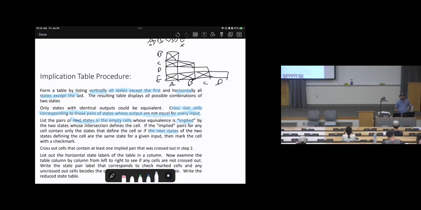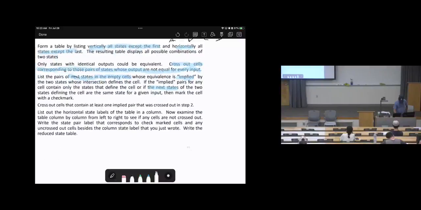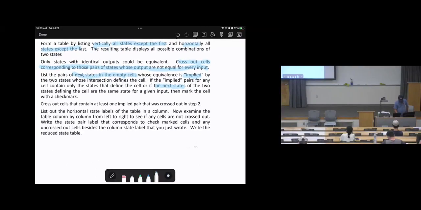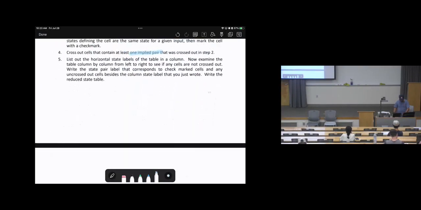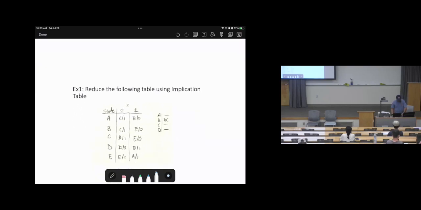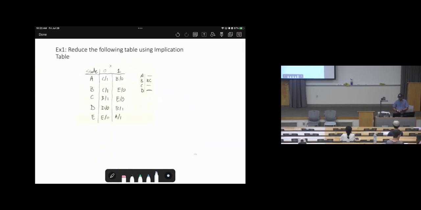If no, here is the point we need to worry about what will happen later. Then we create what we call implied pairs to determine the pairs we need to check. If an implied pair is crossed, this cell will be eliminated. After that, we can eliminate the others, keeping the implied pairs that are uncrossed. How can we do this? I think with an example it will be much easier to follow, better than reading the notes.